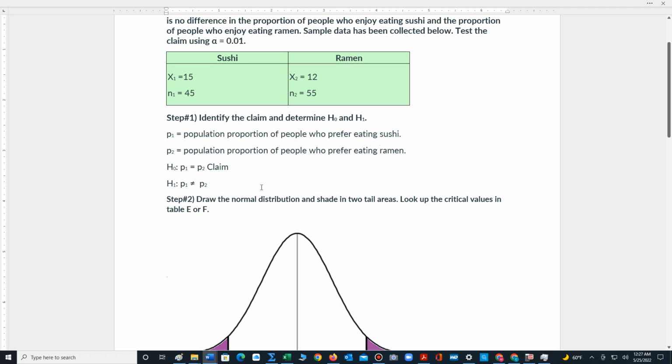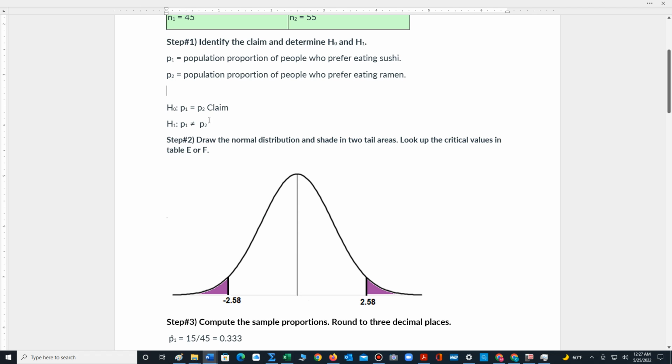The claim is that there's no difference between the proportions. So it's stating that P sub 1 equals P sub 2. That's our claim. That's an H naught statement. The opposite statement of P sub 1 equal to P sub 2 is that they are not equal. That's an H sub 1 statement.